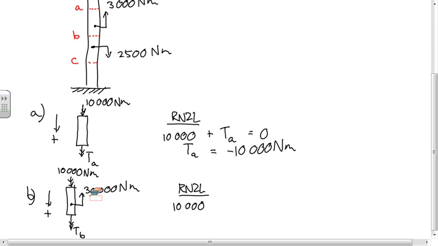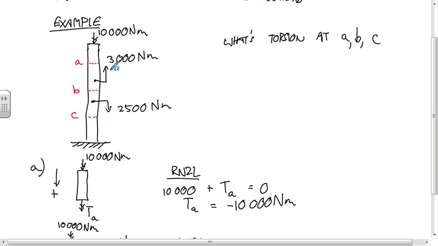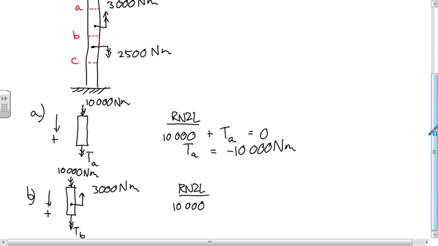Well, I wrote this as 30,000, but the 3,000 Newton meter couple is going in the opposite direction. I should change this in these drawings. These should all be couples, so they all should have those double arrows. So 10,000 Newton meters minus 3,000 Newton meters plus TB equals 0. So TB is equal to negative 7,000.